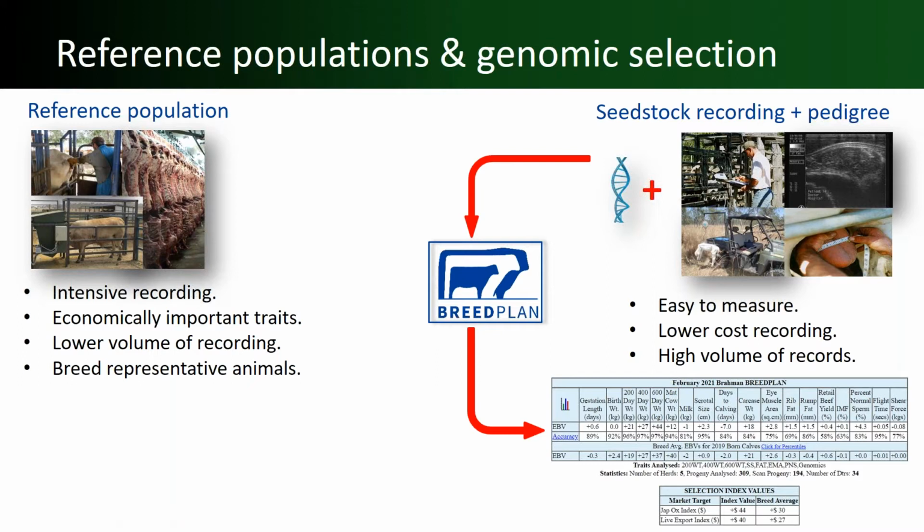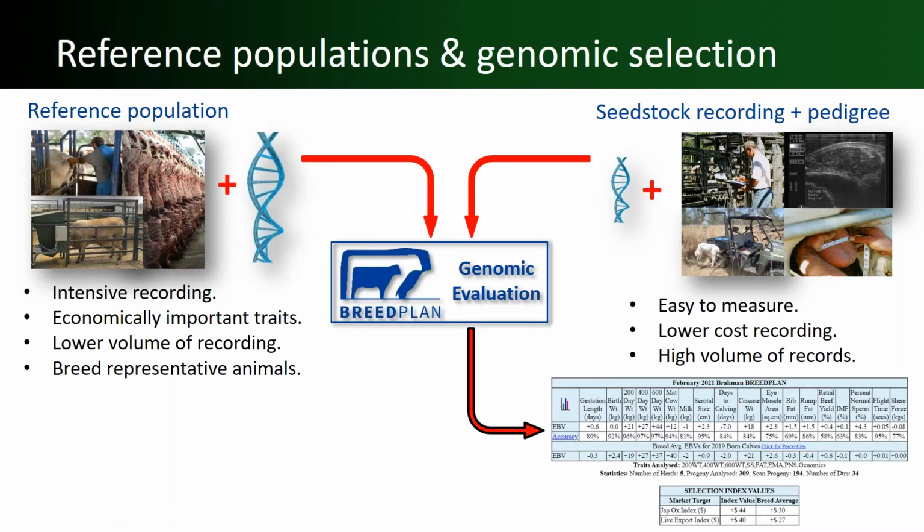So it's really important we do that recording in the right animals, animals that are representative of their entire breeds. All of those animals are genotyped. It goes into the new single-step BreedPlan, which is just how we include genomic information in that evaluation. The real outcome is more accurate breeding values, and as I said, more accurate breeding values means more accurate selection and the opportunity to make more rapid genetic progress.